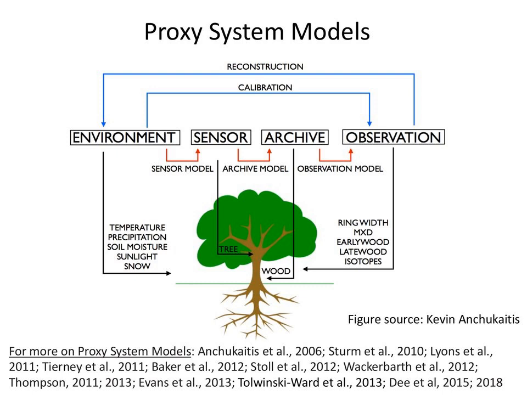Okay, so one of the challenges with proxy records is that they're often difficult to interpret because they typically represent nonlinear, multivariate, biased, and noisy recorders of the climate system.